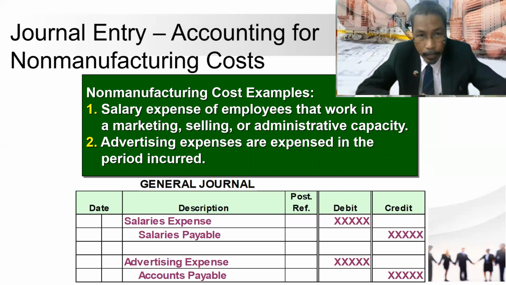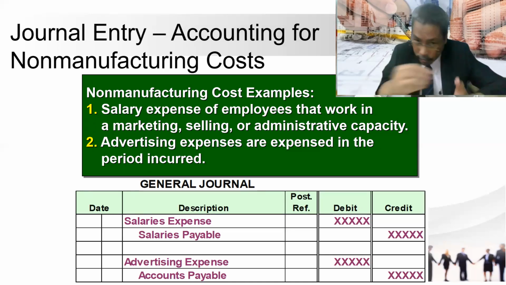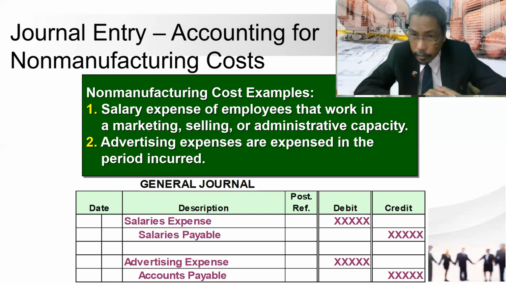Okay? Why do we have so many examples like this in financial accounting video lectures? Just go to our video lectures and then you can understand. So again, do this in your general journal sheet or booklet.